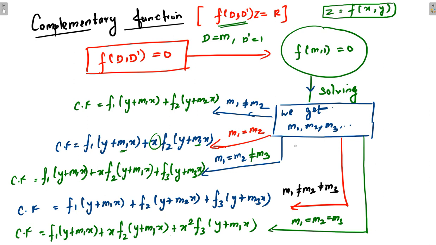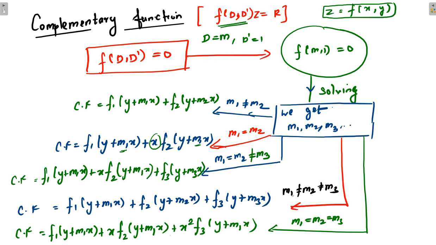Next, suppose you have a partial differential equation of order 3, then you get three roots m1, m2, m3. Depending upon the values of m1, m2, m3, I have written the formula for CF here. In this case I have taken m1 and m2 equal but m3 distinct, so I have used this formula.